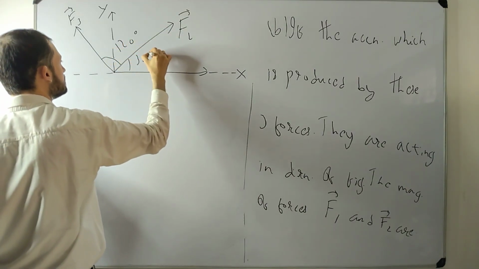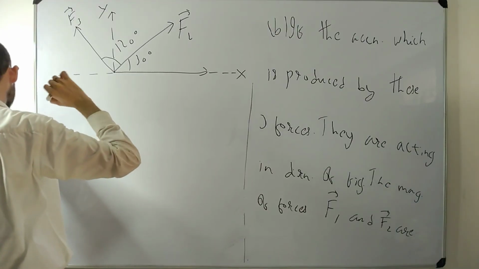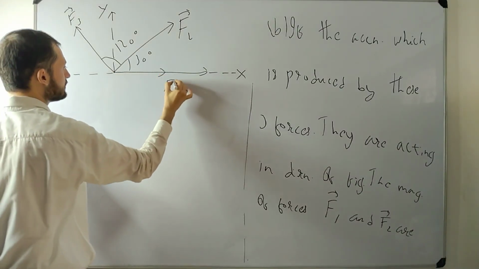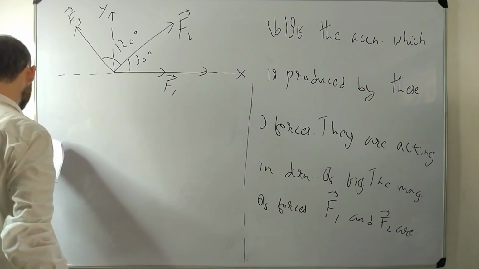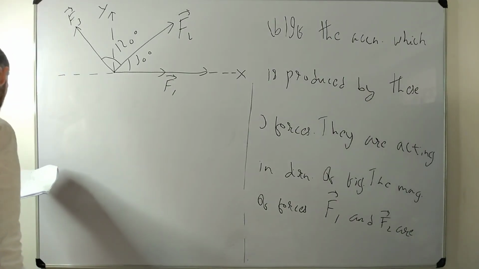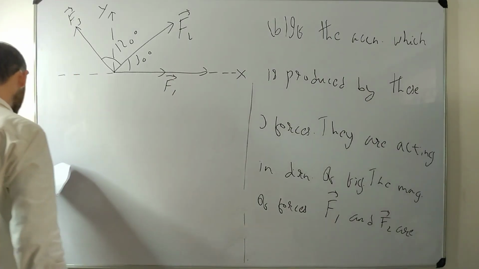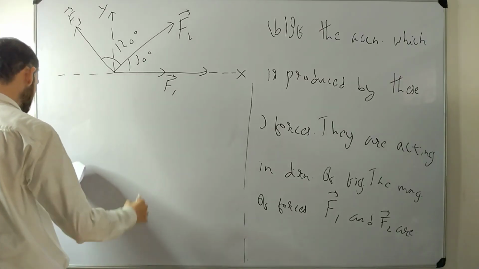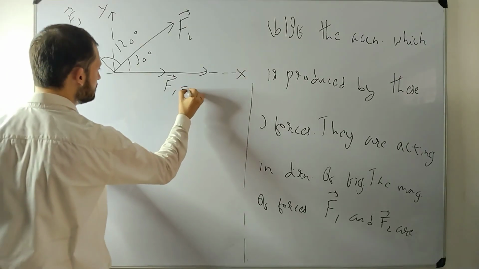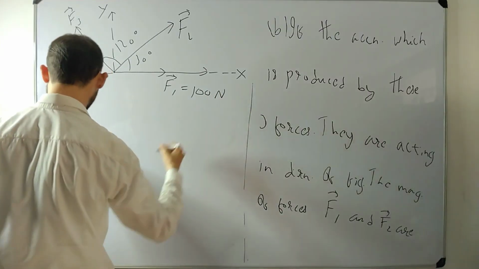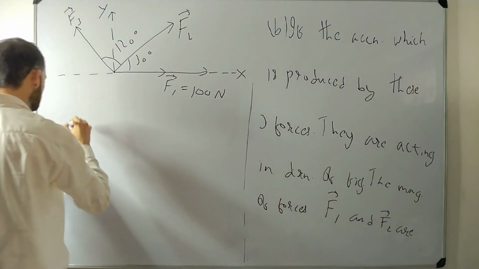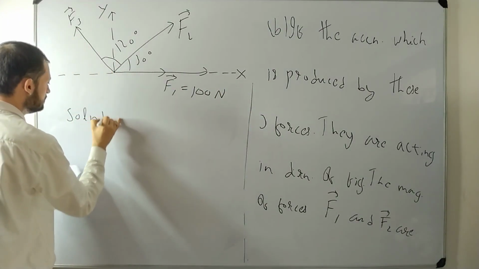This is 30 degree. F1 is this value. Right, students? Yes, so we are getting your thing. And now this value is 100 Newton, no? Yes. So what is the solution of this thing?